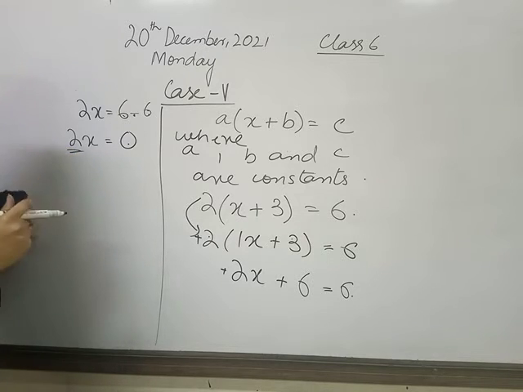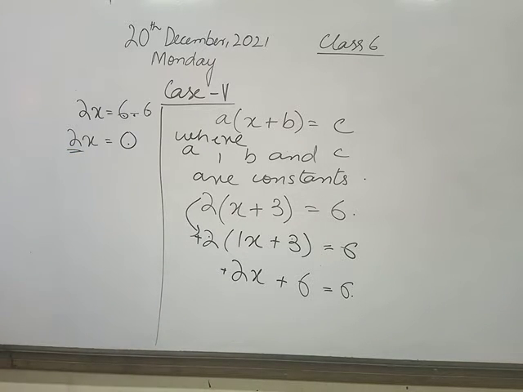Now as you know class, we have still 2 with x. So what would we do? What is the relation in between 2 and x? Very good. We have multiplication. When there is no any sign in between of coefficient and variable, we will consider it as multiplication. Fine.